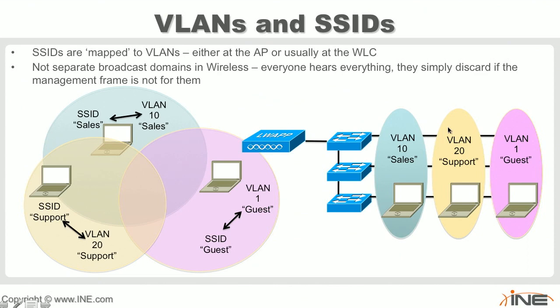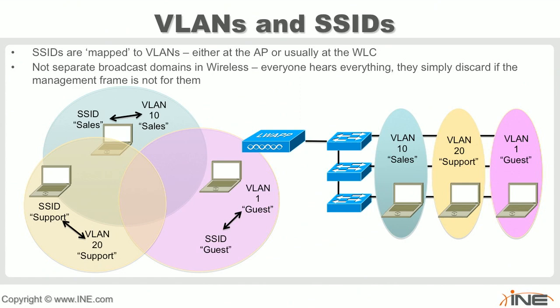So in wired, we just said how VLANs were separate broadcast domains. Now, that might be true in a wired environment, but in a wireless environment, remember, anything that is transmitted in wireless is going to have to be heard by everyone.